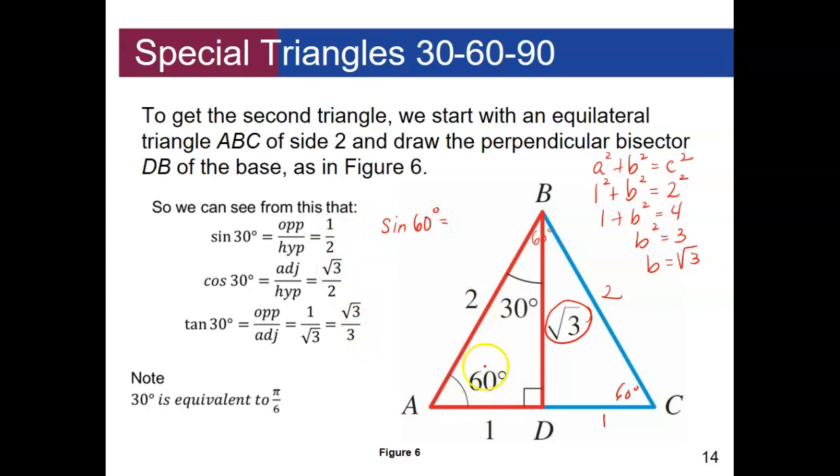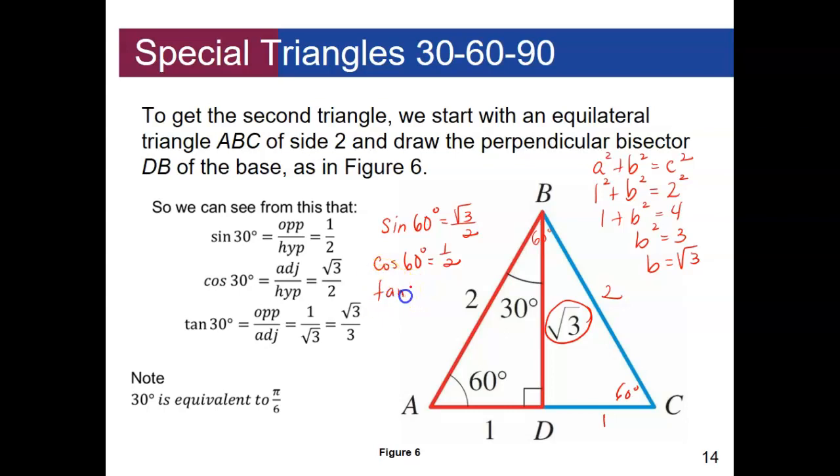From the same triangle, we could actually do these for 60 degrees. So looking at the 60-degree angle, the sine is going to be opposite over hypotenuse, so it'll be square root of 3 over 2. The cosine of 60 degrees is going to be adjacent over hypotenuse, so 1/2.